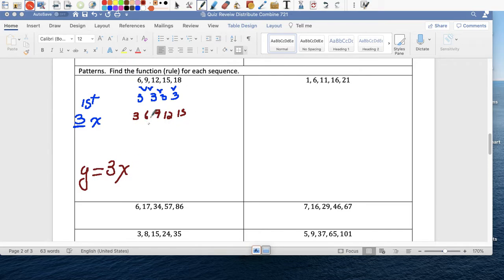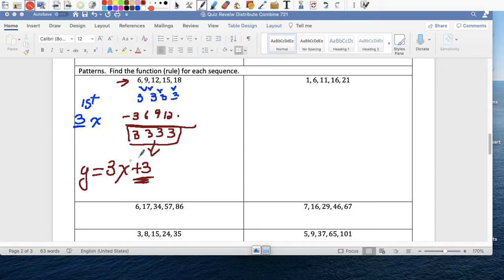It's a 3x sequence that needs a little bit of an adjustment, and you can clearly tell that we have to adjust it by adding 3. Another way you can find this number is by subtracting the original sequence. So 6 minus 3 is 3, 9 minus 6 is 3, 12 minus 9 is 3, 15 minus 12 is 3, and so forth. So again, this goes here.